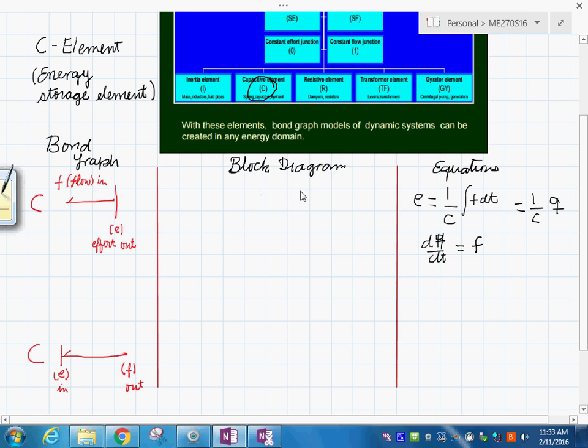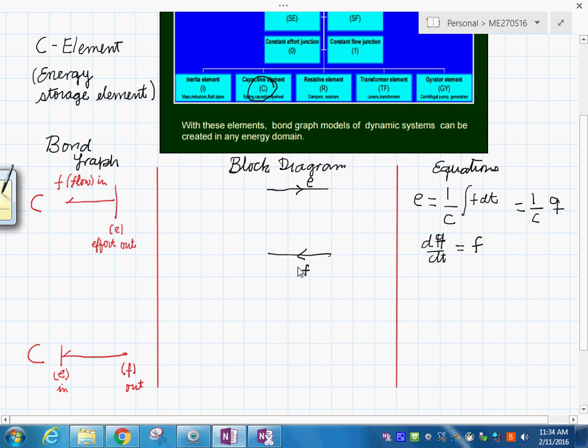The effort variable is the output, and the flow variable is the input. So what does that have to do to F to produce the effort?